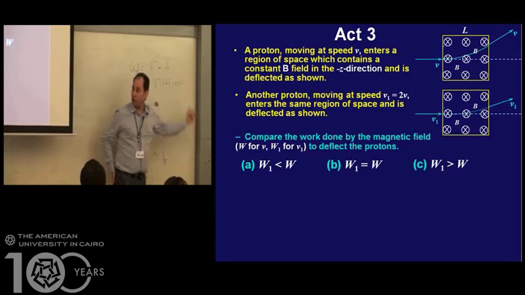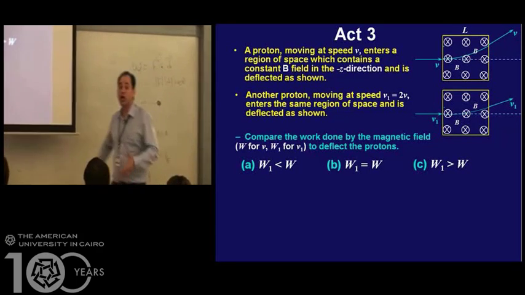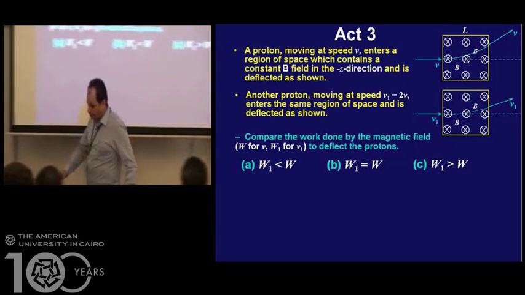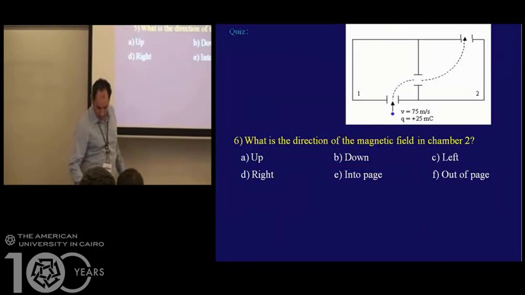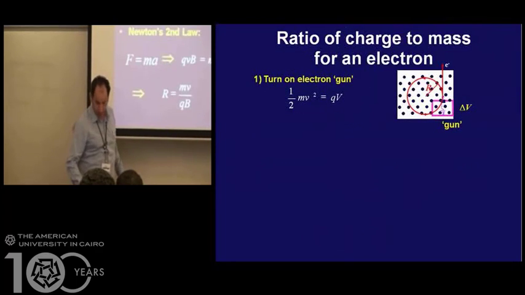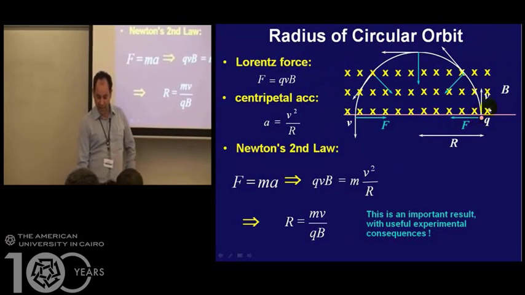So now, look at the force and look at the displacement. Force and direction of the motion are always perpendicular. So go back. Force and direction of the motion are always perpendicular.